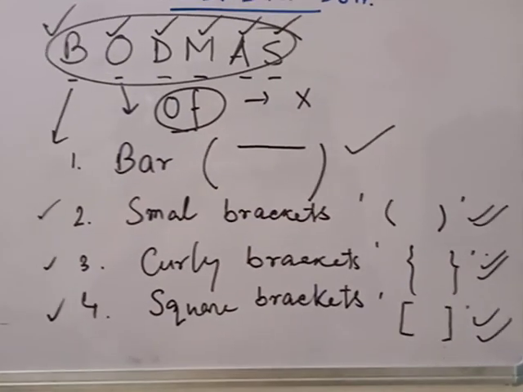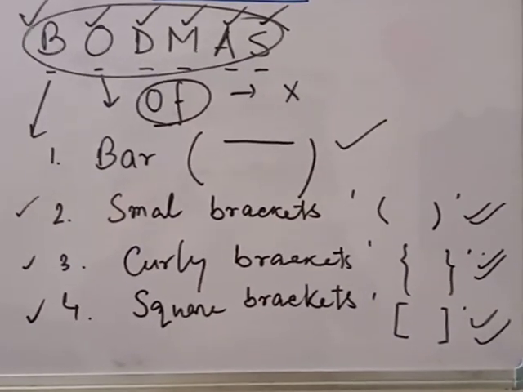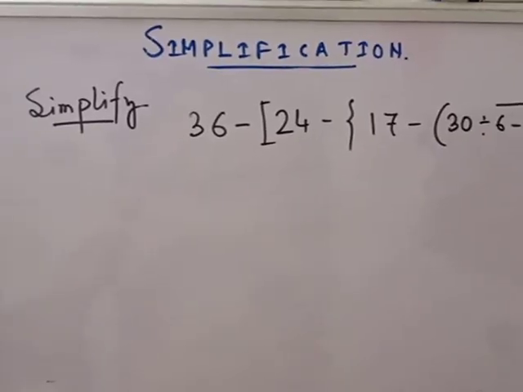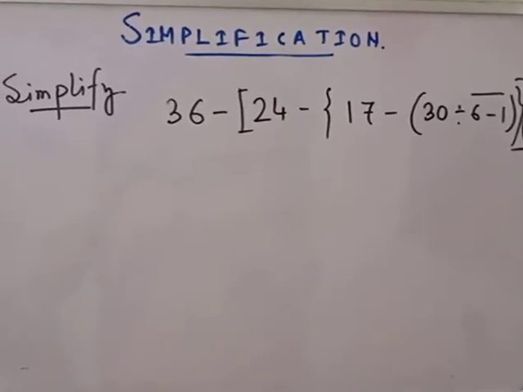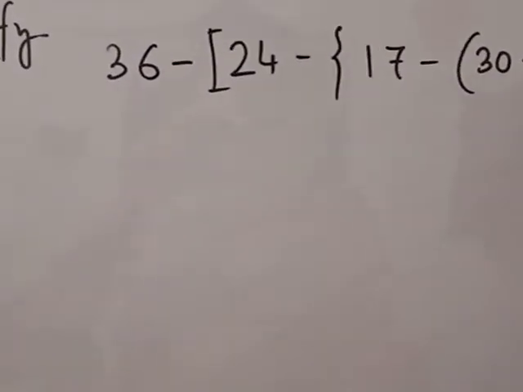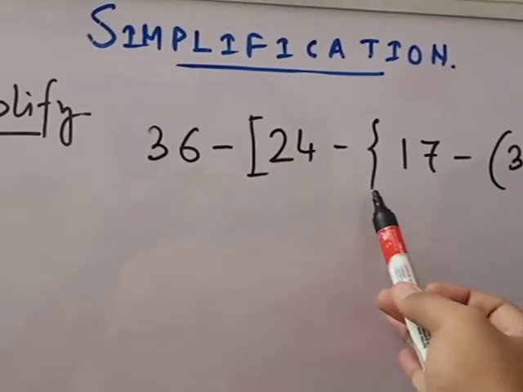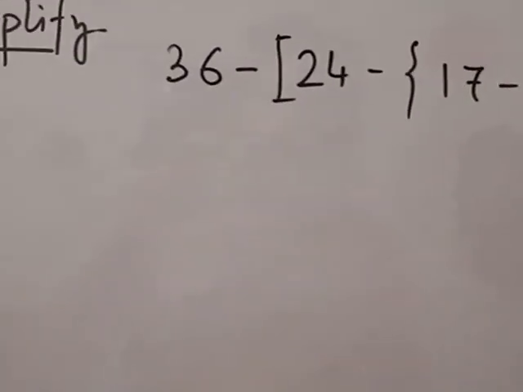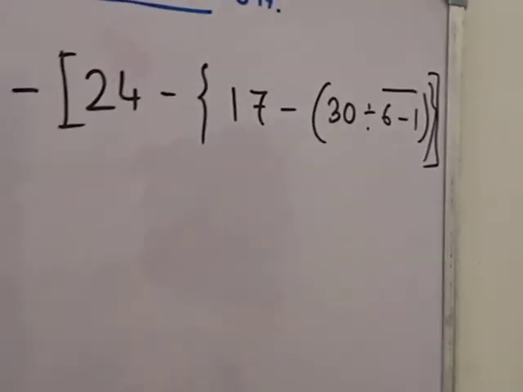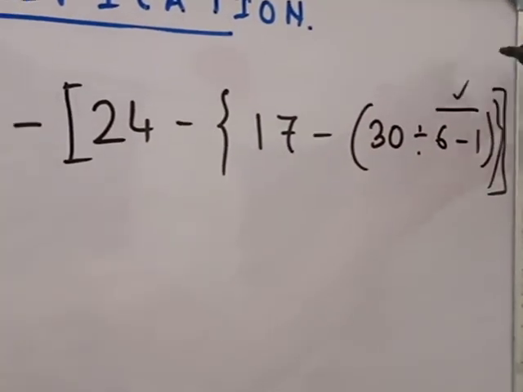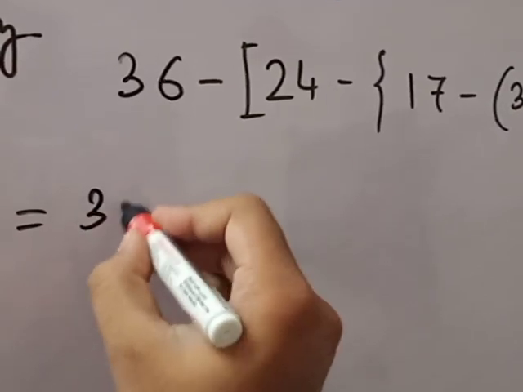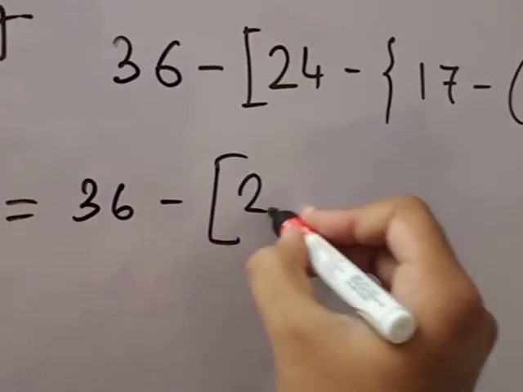Okay, now we are going to some examples. In this problem, see that 36 minus 24 minus 17 minus 30 divided by 6 minus 1 bar. As per the rule, we have to do the bar work first.